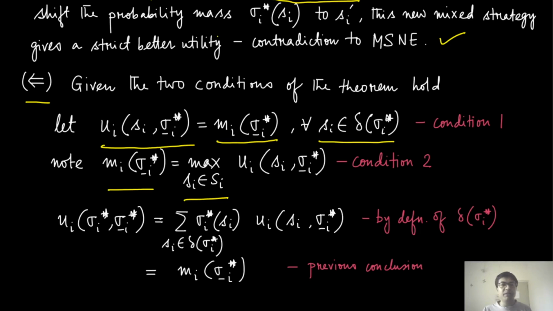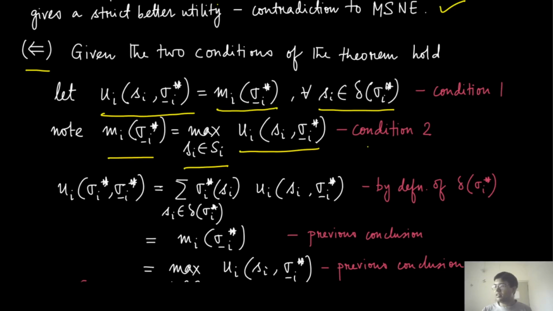This mi of sigma minus i star, the value that we have found in the previous step, must be the maximum over all the strategies, inside the support and outside the support. Okay, so this is the interpretation of these two conditions. Now we'll have to show that sigma i star, sigma minus i star is a mixed strategy Nash equilibrium. So let us begin showing that.